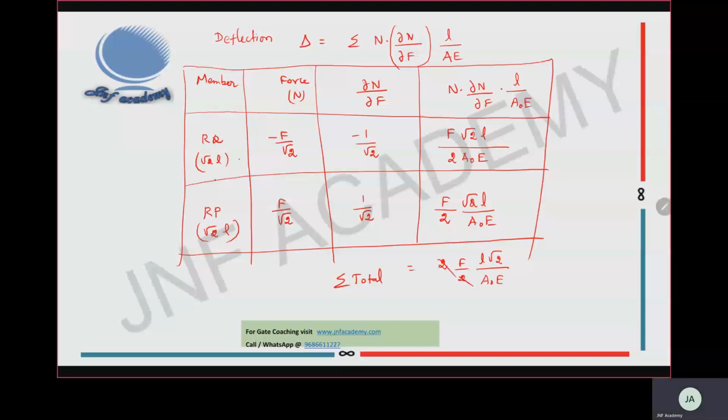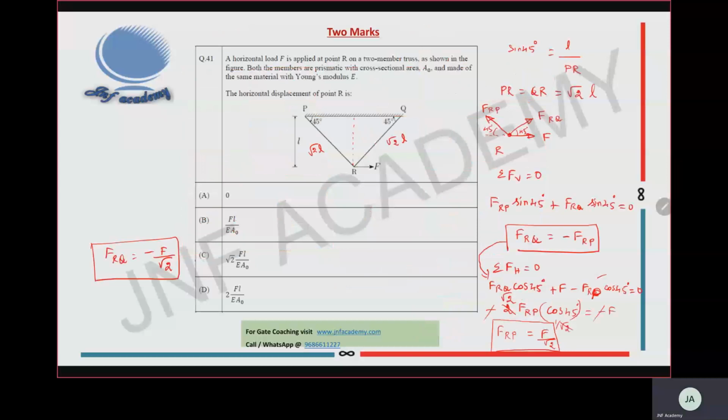So the net deflection is equal to root 2 times of FL by A naught E. So the correct option is C.